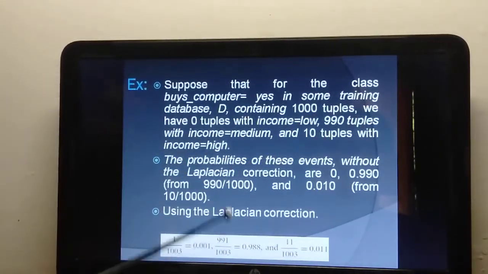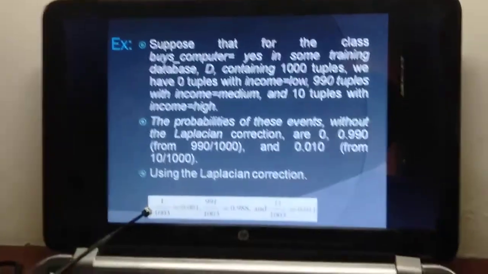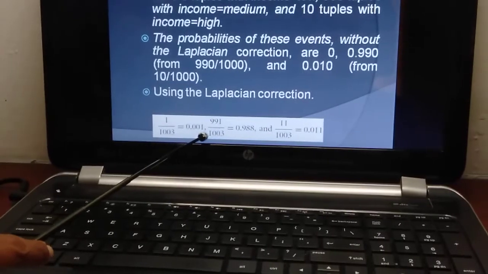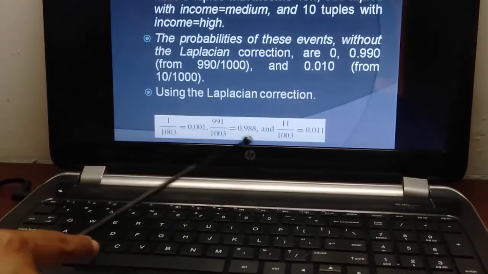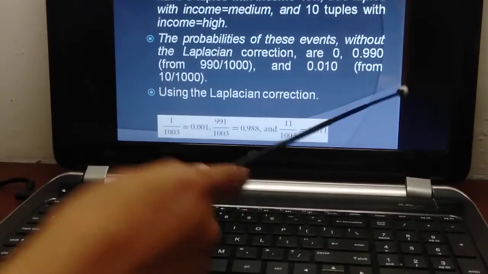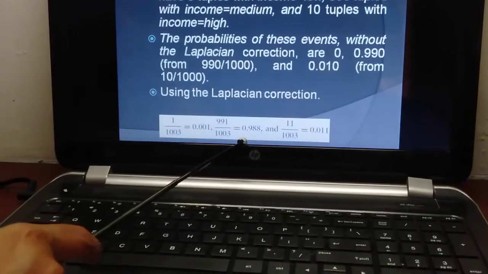And with the Laplacian correction, the probability of income is equal to low and yes is 0.001. It's no longer 0. And instead of 0.990, it has become 0.988, which is very similar to 0.990.